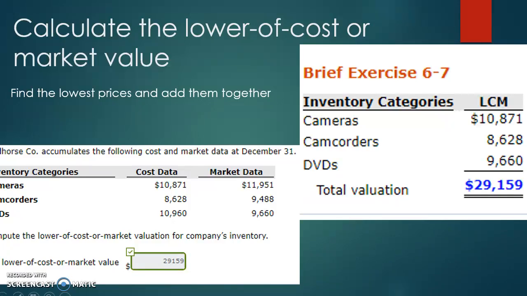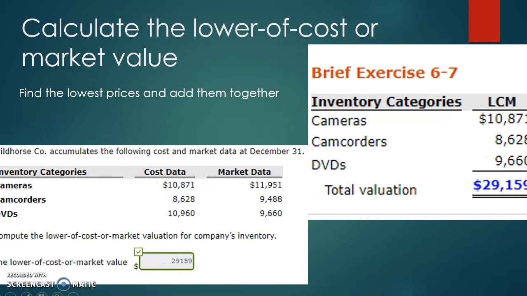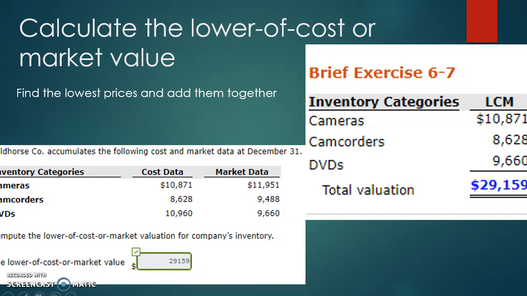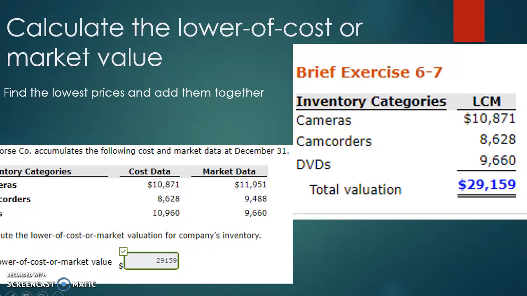This is the summation now: 10,000, 8,000, and 9,000 have a total value of 29,159, which is going to be the answer here. I think that is pretty straightforward.